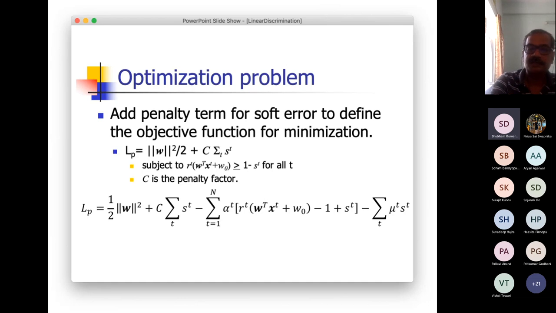As you can see, other than alpha_t, we also have mu_t because of this part. Because we want to minimize it, we are putting this constraint here: the sum of s_t, and this also has to be greater than 0, with alpha_t into this.